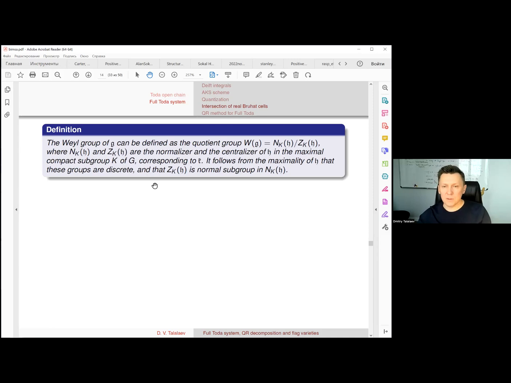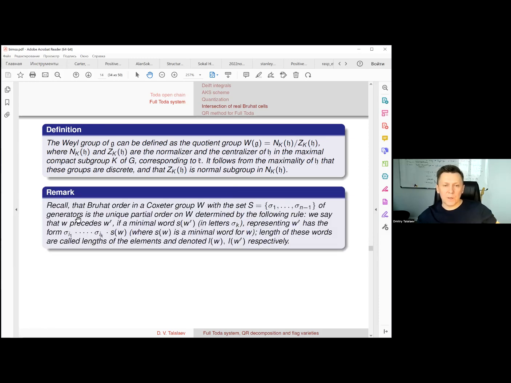Okay, I need some more definitions. The Weyl group of G can be defined as a quotient group of the normalizer over the centralizer of the maximal torus H. The Bruhat order in a Coxeter group, for example in the Weyl group, with a generating set like this, is a unique partial order in this group determined by the following rule.